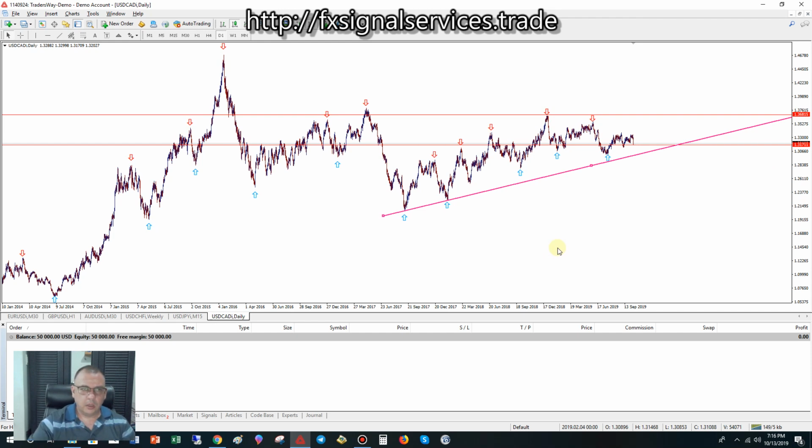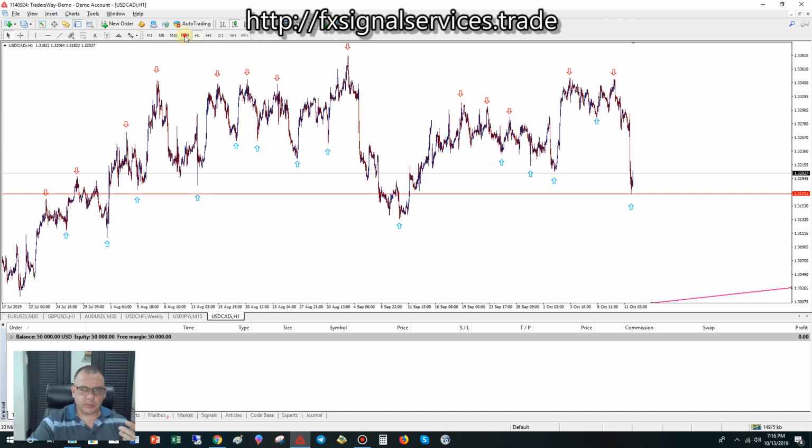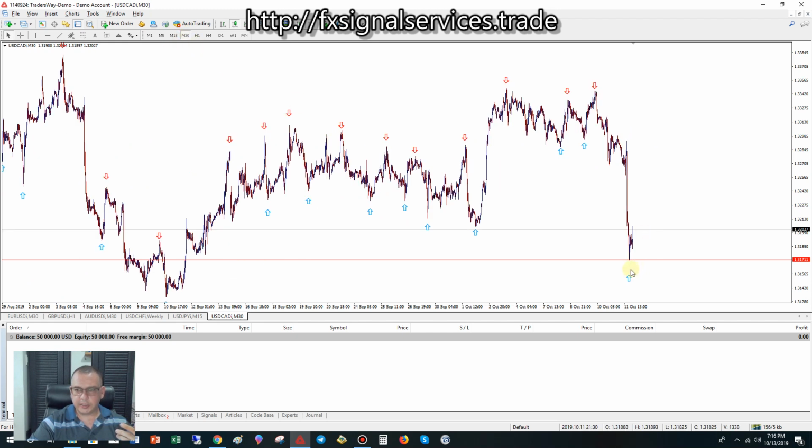If you compare this to a smaller time frame, we see this right here hit the level of support and it's going to bounce up, right? But I would not buy right now, because we had a big drop Friday. Even if it shoots back up, I would wait for a sell opportunity.